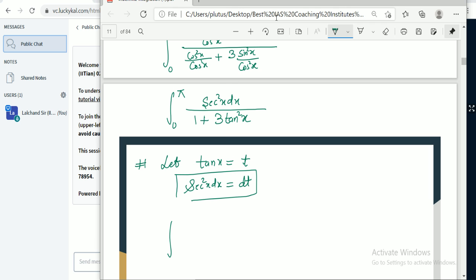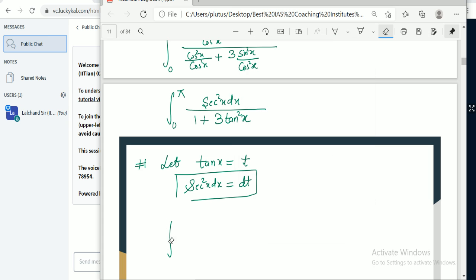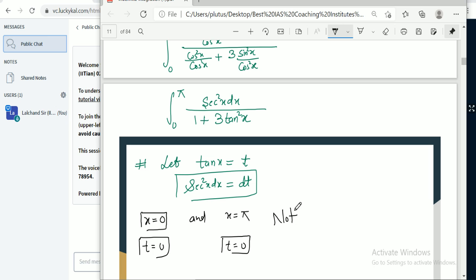So here this substitution is not valid, because if we check for the limit, when x is 0, t is also 0, and when x is pi, t is also 0. So this is not a valid substitution.